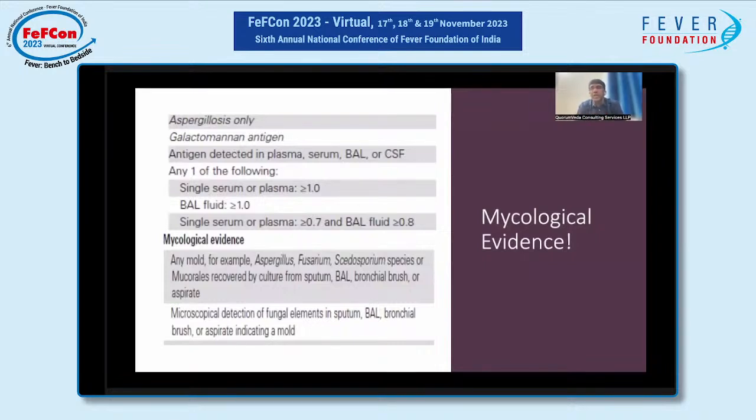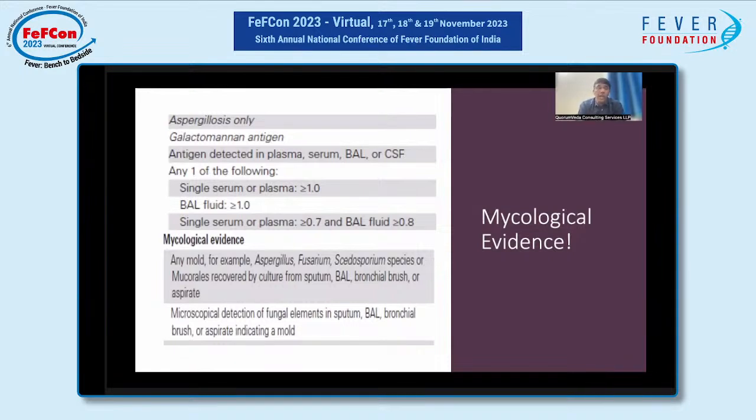bronchoscopy culture in pneumonia, and then the galactomannan is useful. A BAL galactomannan or a blood galactomannan of more than one, or a combination of BAL galactomannan 0.8 plus blood galactomannan 0.7. So galactomannan is useful if the patient is predisposed for that fungal infection and the radiological features are suggestive.